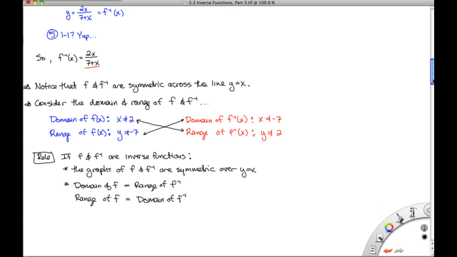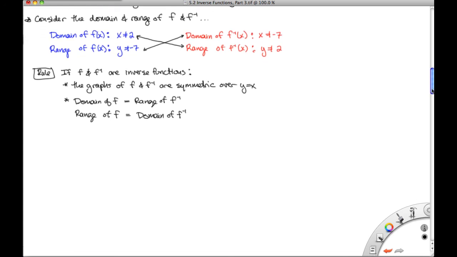So this is a rule for inverse functions that we can keep in mind.